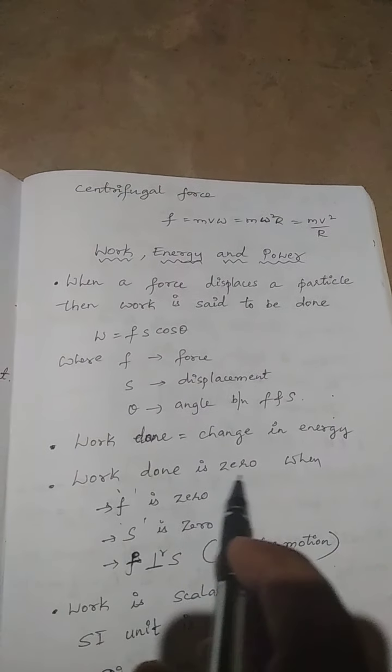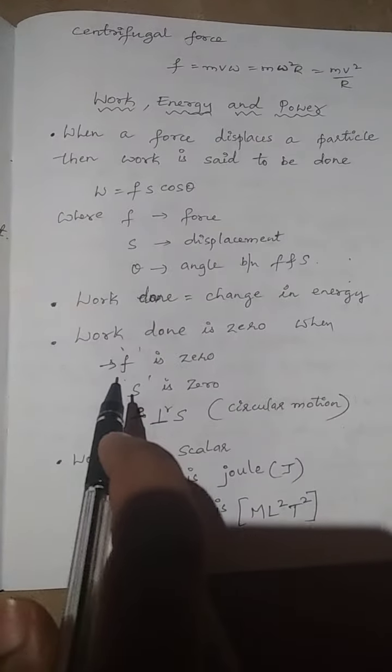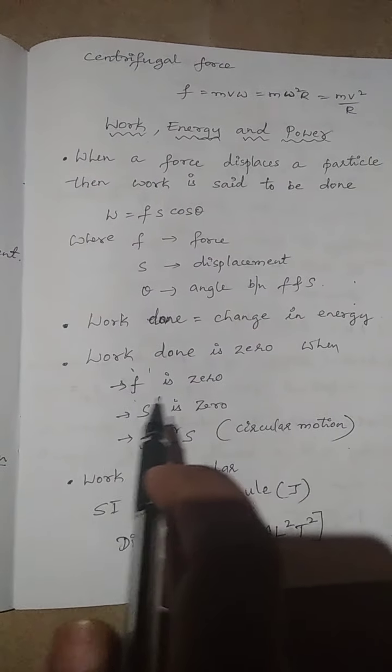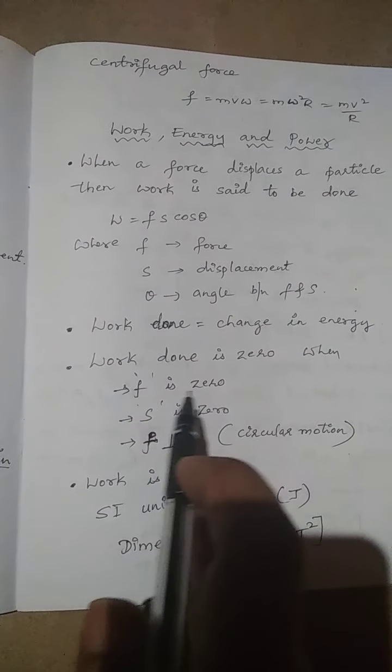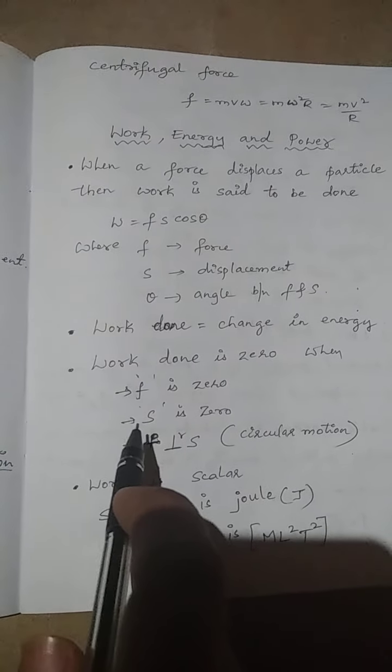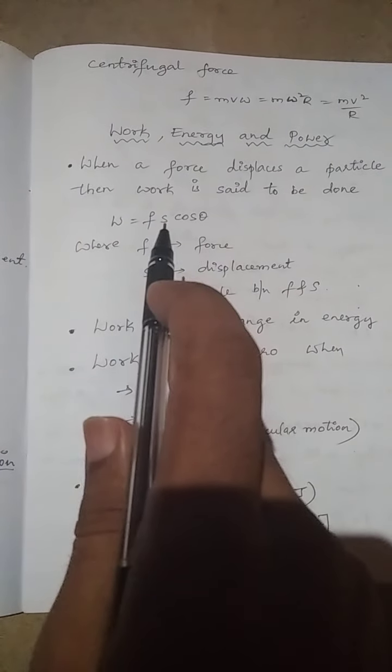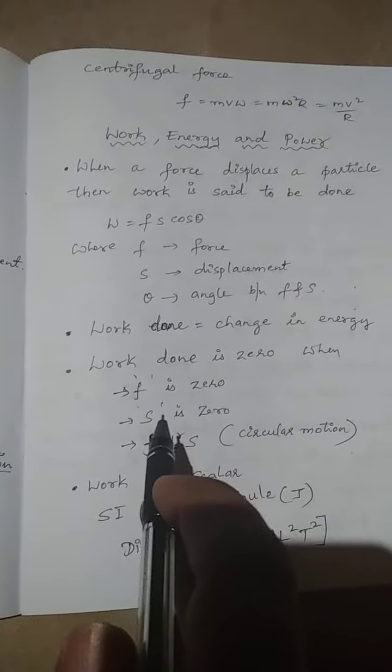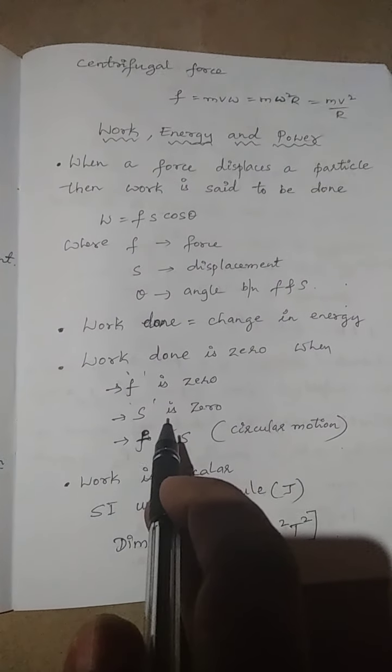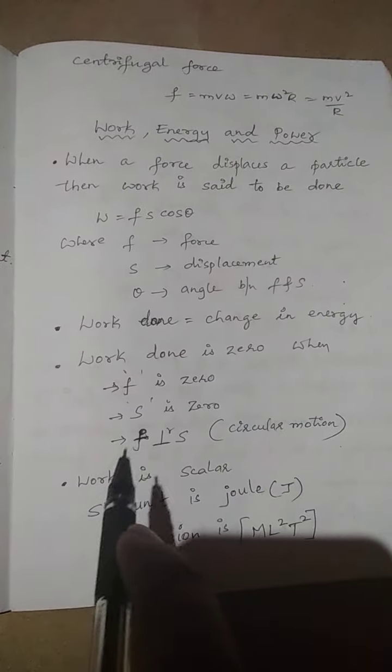Work done becomes zero in these cases. When F is zero, force is zero, this W will be zero. Similarly, when S, the displacement, is zero, work done will be zero.